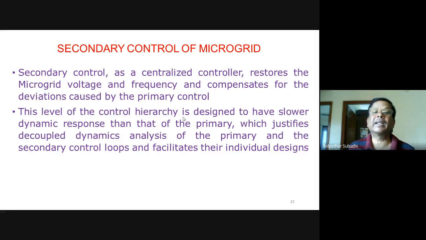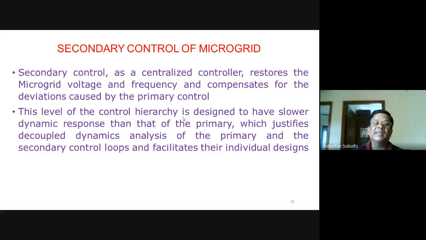And the secondary control of a microgrid, as I said, is considered a centralized controller that restores the microgrid voltage and frequency and compensates for the deviation that is caused by the primary control. This level of control, that is secondary control, is designed to have a slower dynamic response than that of the primary control.